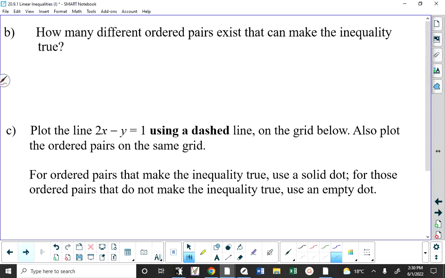Second part of the warm-up. How many different ordered pairs are there that would make that inequality true? Let me write down the inequality here as we ponder that question. I'm going to pick a value of y of 100. Is there any value of x that would go with that y that would make that inequality true?